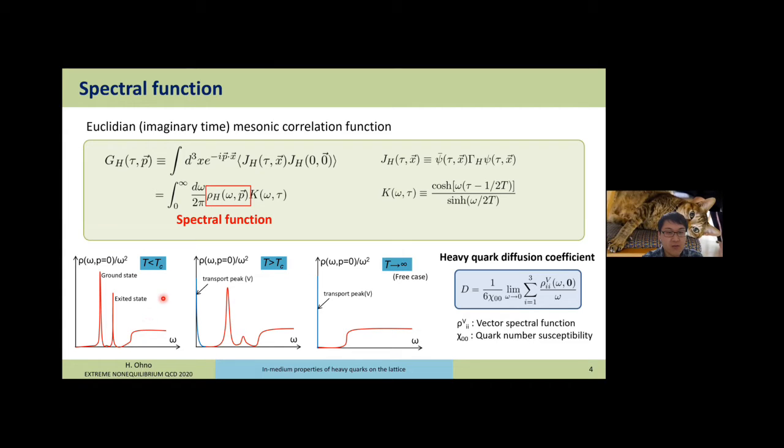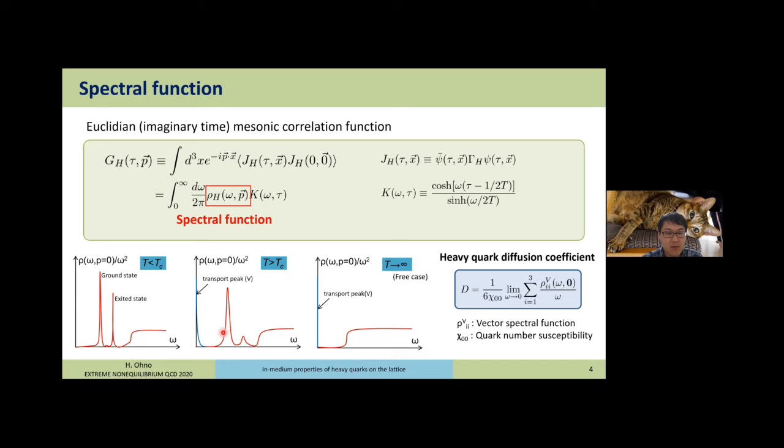If you go to higher temperature, above the critical temperature, then one should find that these bound state peaks start getting broadened, and maybe some peaks disappear, or it becomes difficult to distinguish them from the continuum structure, which corresponds to the melting of the bound state.